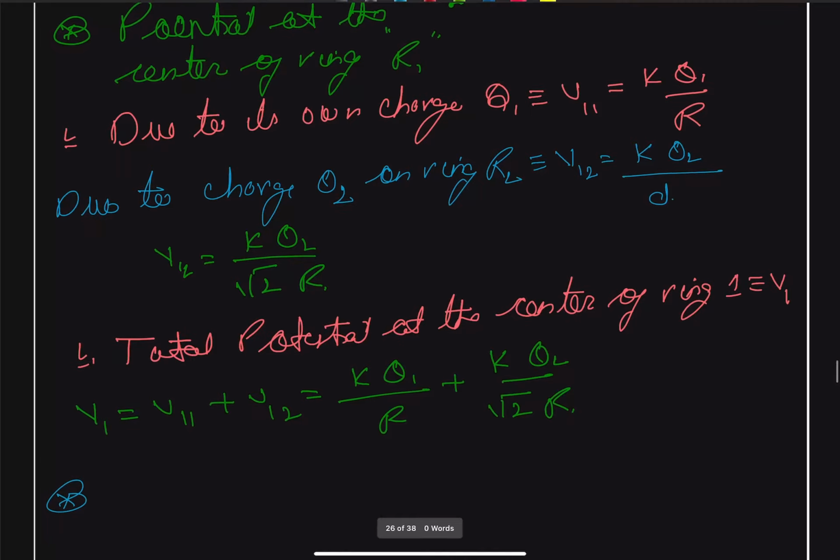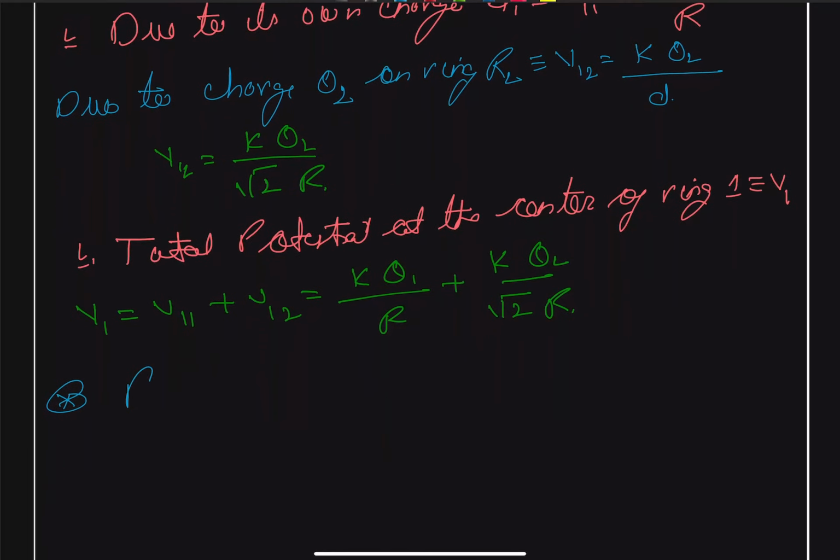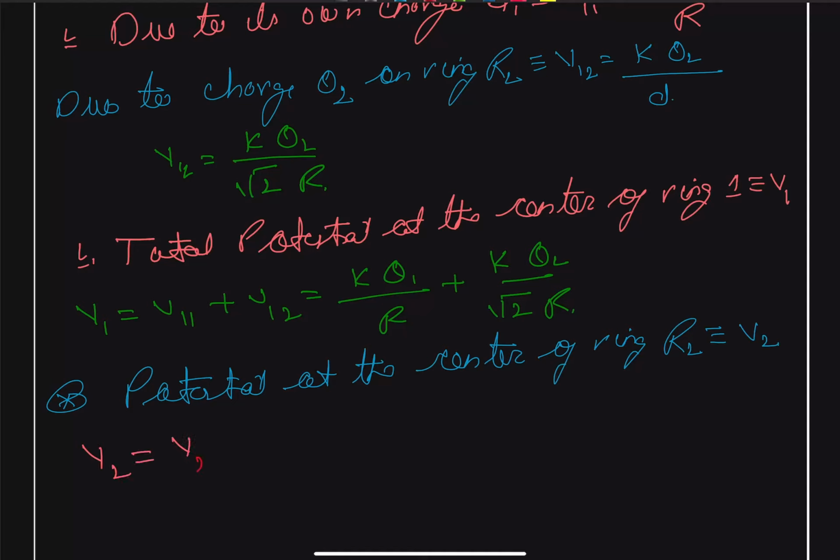So you can say the potential at the center of ring R2, if that is given as V2, so there is no need to calculate, we can just write that V2 will be equal to self potential, that is only because of the charge Q2, and because of ring 1.